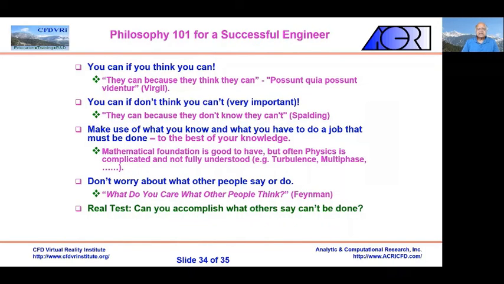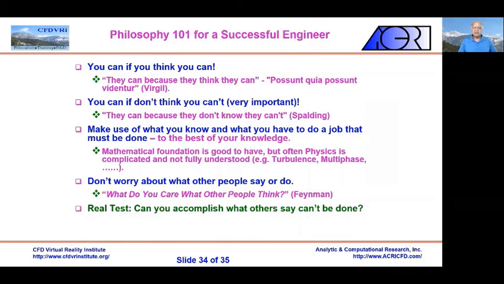So here is my final slide for a successful engineer. Basically, you can if you think you can. Virgil said that in Latin. I won't try to read it, but what it says is they can because they think they can.